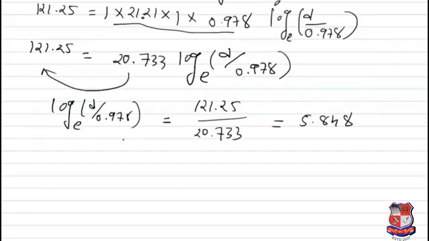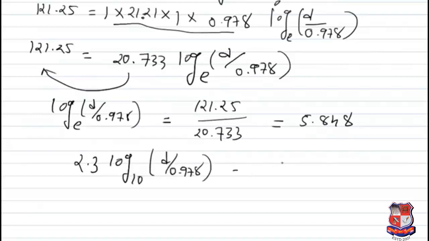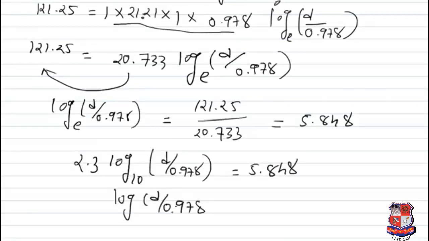5.848. But this is the log based on e, so we need to convert into base 10, right? So it is 2.3 into log D by 0.978, and the base is 10, and the answer is 5.848. So log D by 0.978 base 10 is equal to 5.848 by 2.3, and that answer is 2.5426.